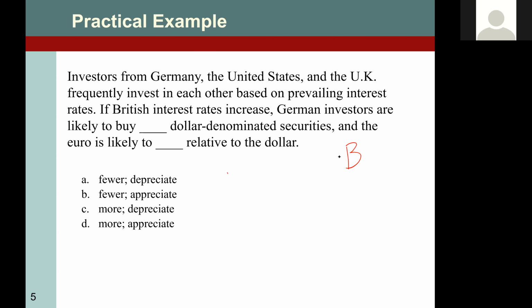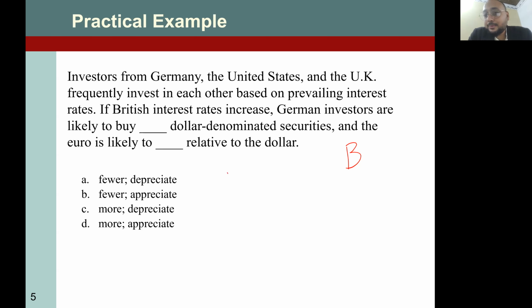I think also that it's B. Okay, so who's left here? We didn't hear from who? Yes. I'm sorry, I was confused. Does the UK use the euro in this case?